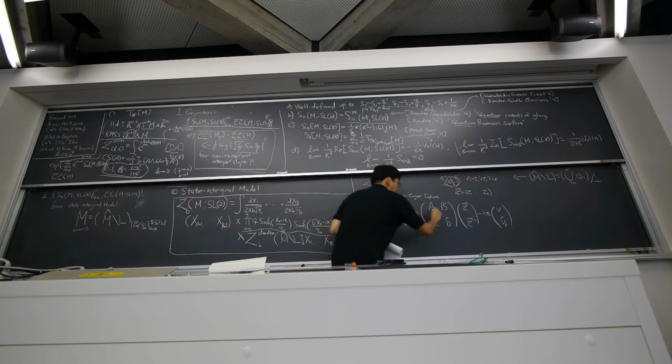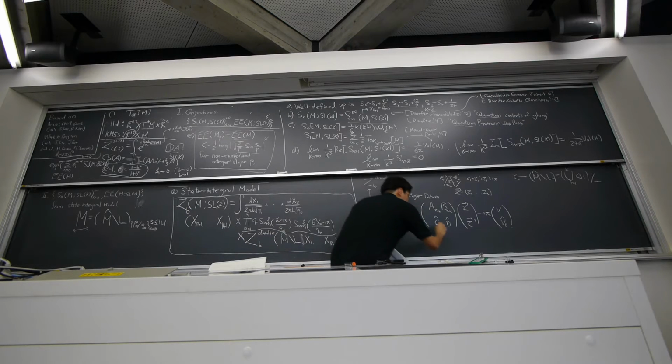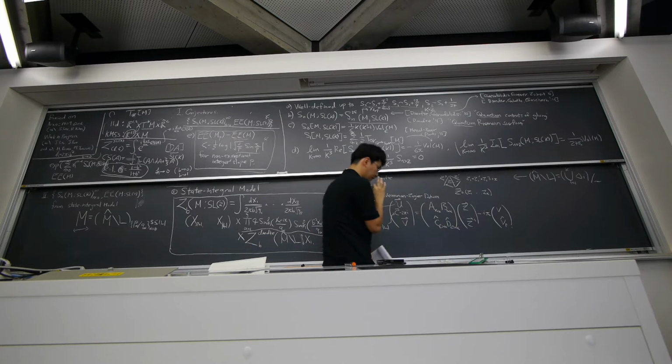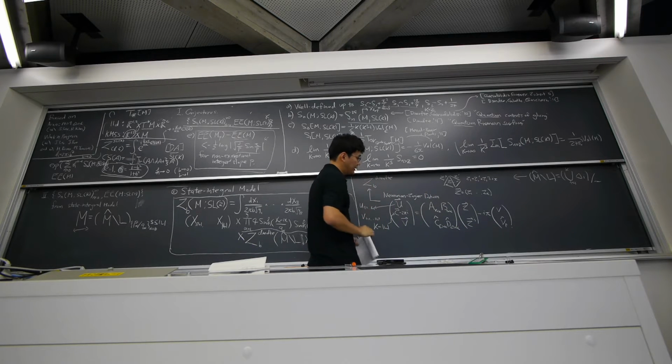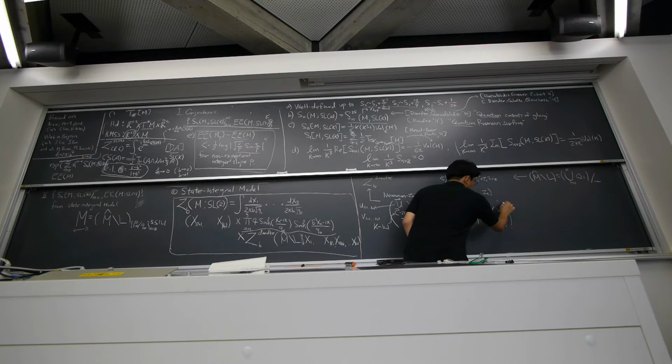So this is a K by K matrix, and this is an L times K matrix, or this is an S times K matrix. And this is a column with size K, and this is a column of size S.